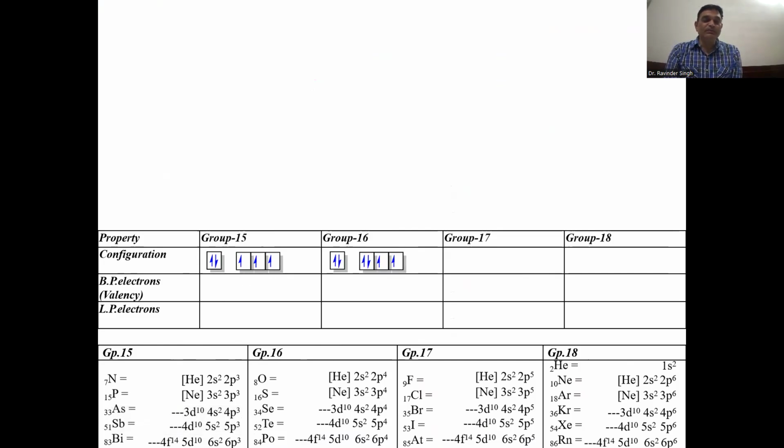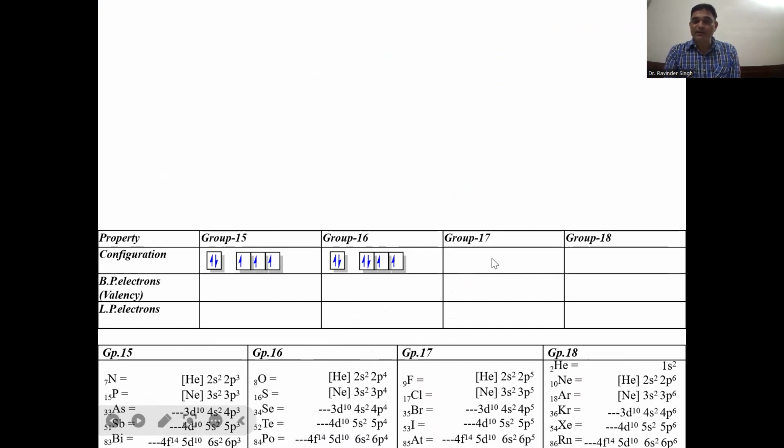Next, group 16, which increases by just one electron. Again, use Hund's rule. Among the degenerate orbitals of the p subshell, electrons first fill singly, 1, 1, 1, and then pairing will start. That is the valence configuration of oxygen: 2s2 and 2p4, 1, 2, 3, 4, then pairing starts according to Hund's rule.